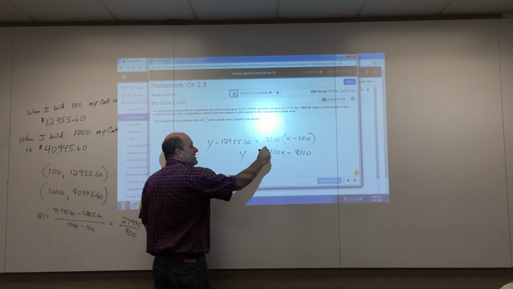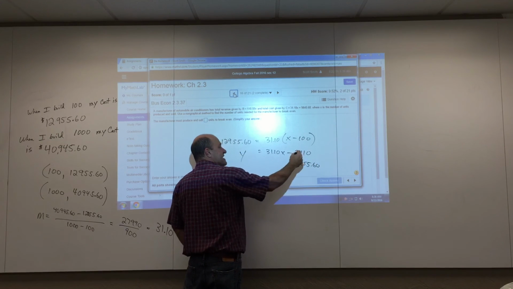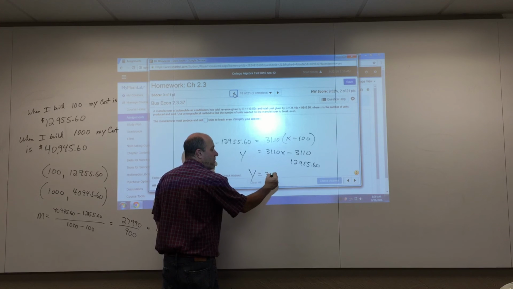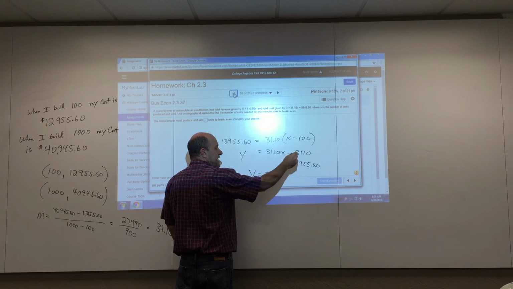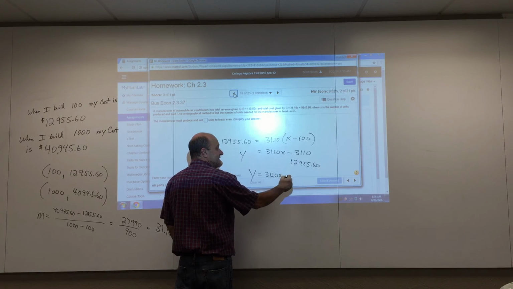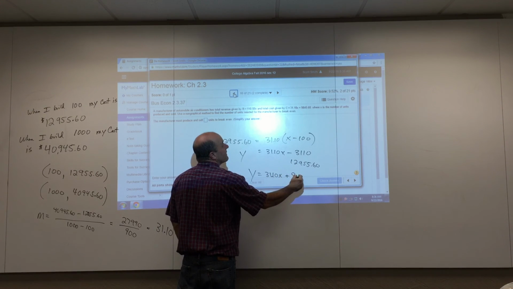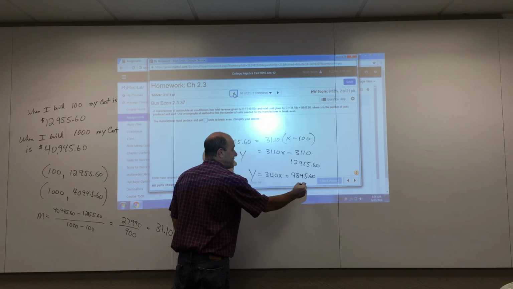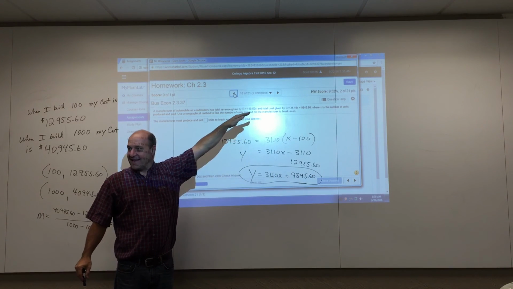I think I'll add this 12,955.60 to this negative 3110, and so y equals 31.10x. And when you add this with this negative number, what do we get? 9,845.60. Cool. That was the equation that was given, but I was pretending I didn't know that.